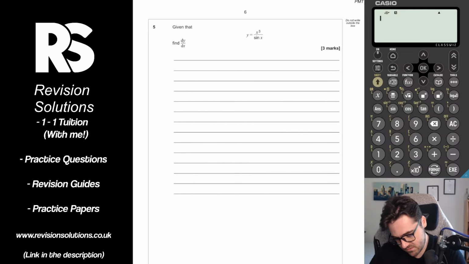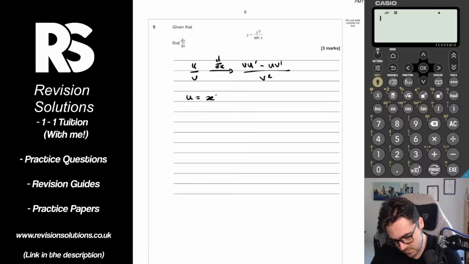Going to question 5, it says, given that y = x³ / sin x, can we find dy/dx? So that's going to be using the quotient rule. So the quotient rule, if we just write it out quickly, if we have u over v, differentiating, it becomes v times the derivative of u minus u times the derivative of v, all over v squared. So u is x³, meaning the derivative of u is 3x². v is sin x, and then the derivative of v is cos x.